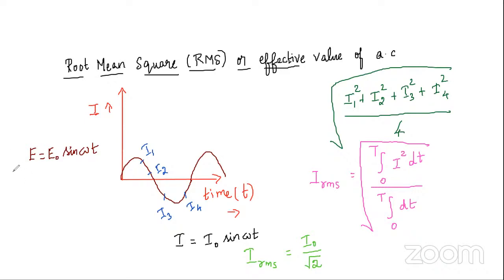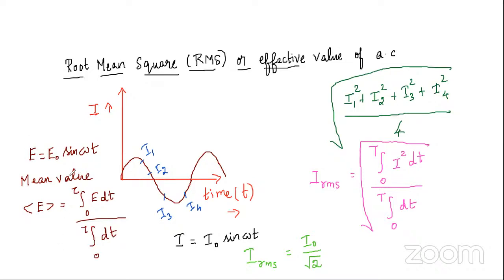The mean value of this voltage is represented as integral 0 to tau E dt, whole divided by integral 0 to tau dt. This is the mean value of alternating voltage of the form E equal to E naught sin omega t.